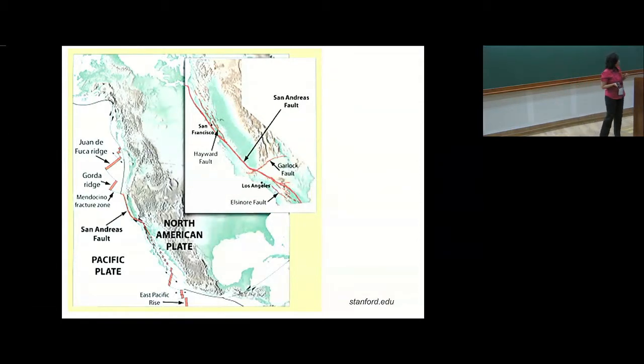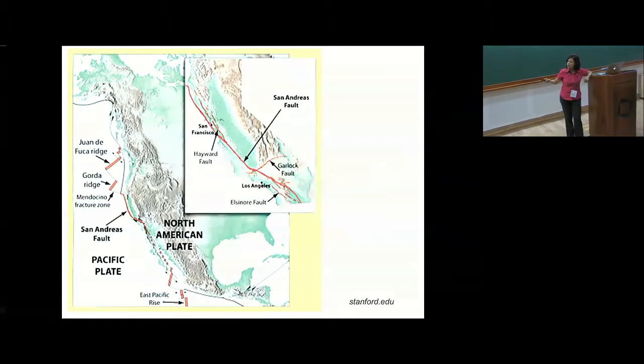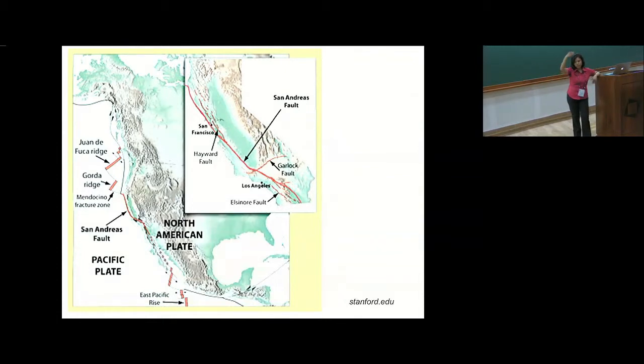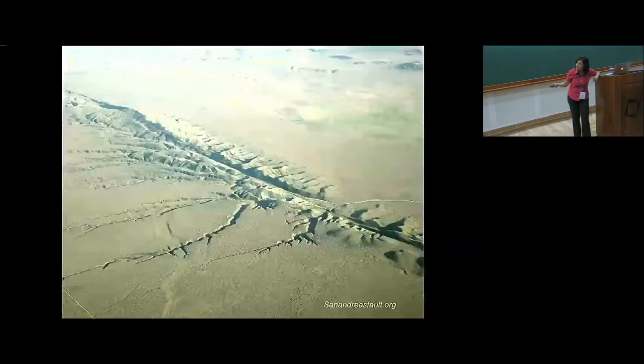And I also thought I would show you what the San Andreas Fault looks like. Now, this is a feature that spreads for thousands of kilometers, and it cuts through the Earth, and it's very, very prominent. So if you're flying over this part of the world, going from west to east, or the other way around, this is what the San Andreas Fault would look like.